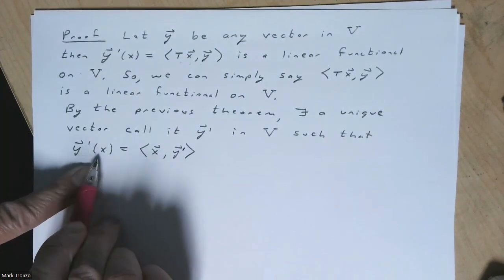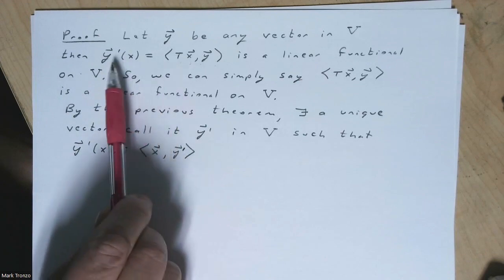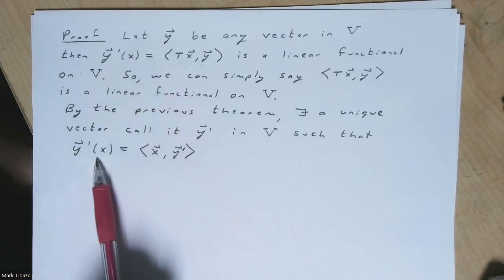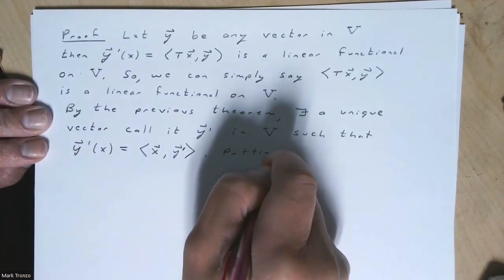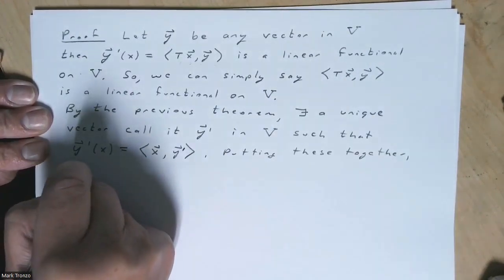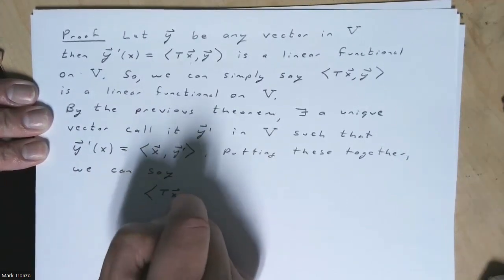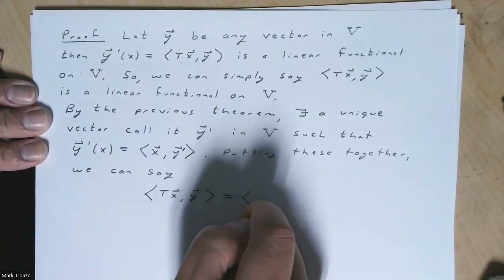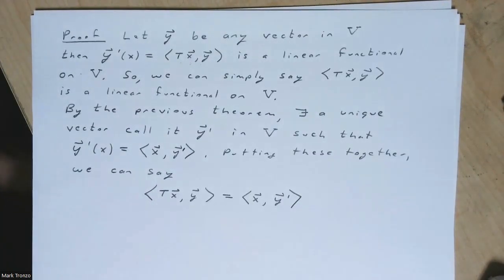Since we have the same linear functional defined in this equivalent way, putting these together, we can say that the inner product of T x and y is equal to the inner product of x and y prime.